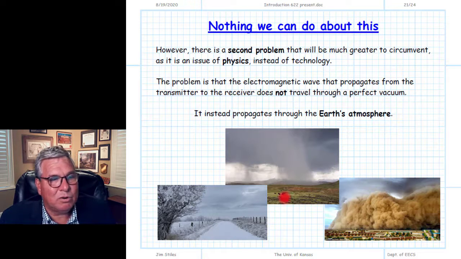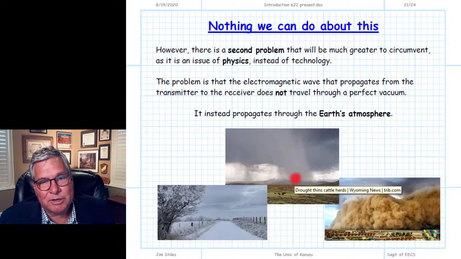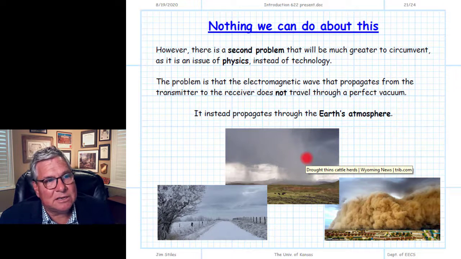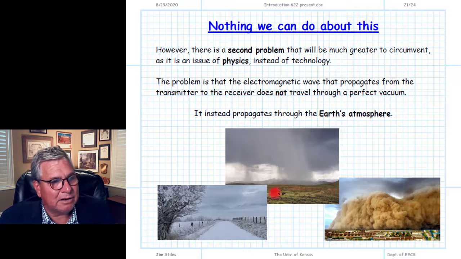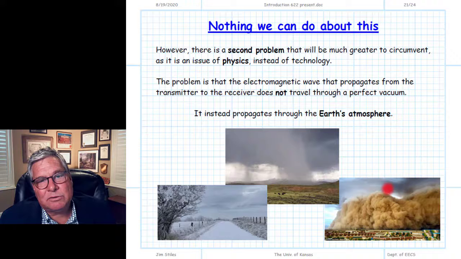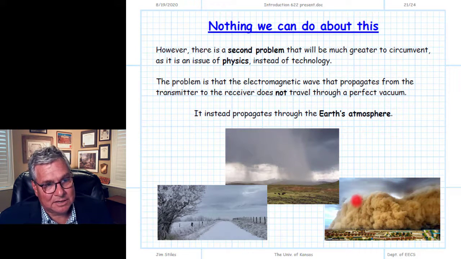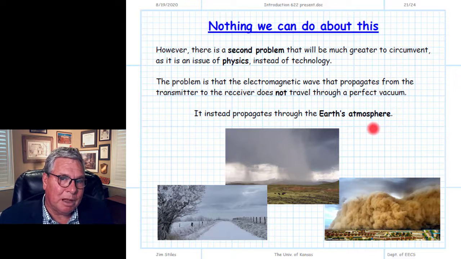Even if we ignore things on the surface like buildings and mountains and trees, as we go up higher, the atmosphere is oftentimes not clear, and we will have to propagate through that. And as we alluded to earlier, as we go up in frequency, the interaction of our signals with these elements will become more problematic and more difficult to propagate through.